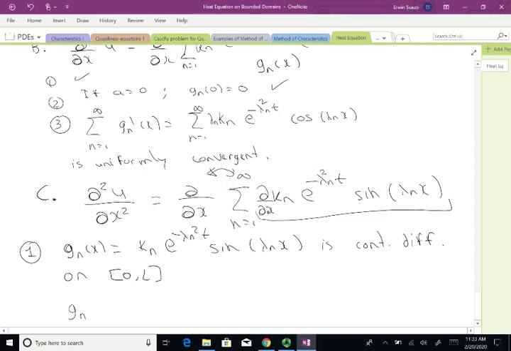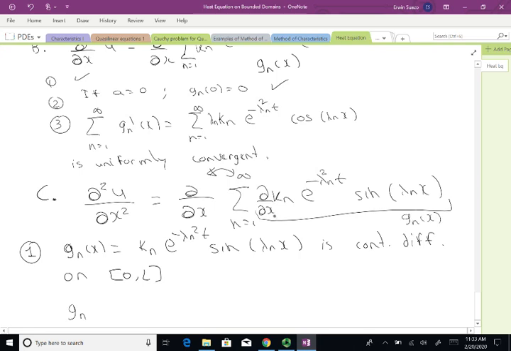So I need to apply one derivative at a time, right? So I'm using your homework. So this is going to be my g_n of x.